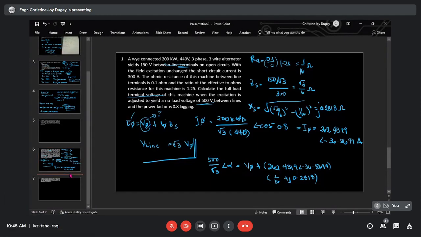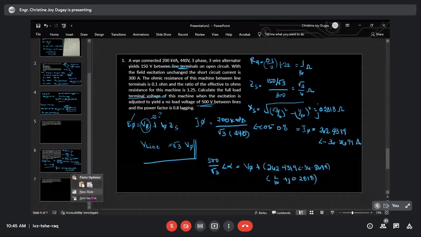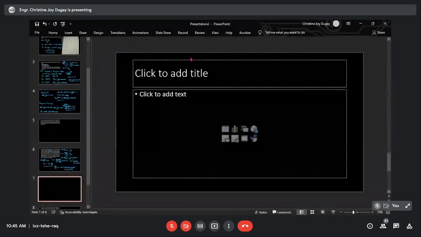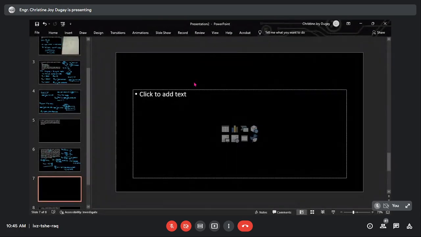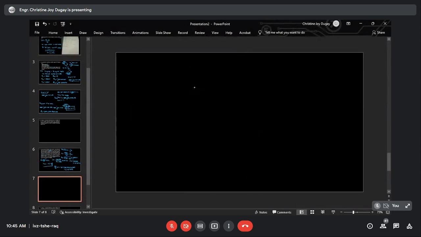If you rewrite that, this becomes our equation. Our 500 divided by square root of 3 with angle of unknown, alpha, is equal to V-phase plus, this is what I got: you multiply the current and the impedance.